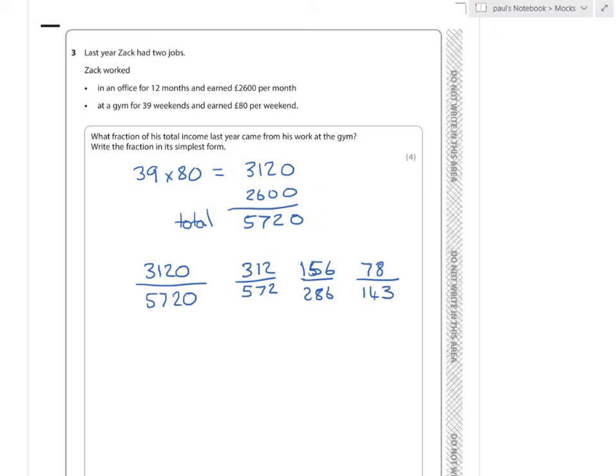Oof, if I got this right. Let's have a look. 12 months and earned £2,600. 39 times 80 is 3120.